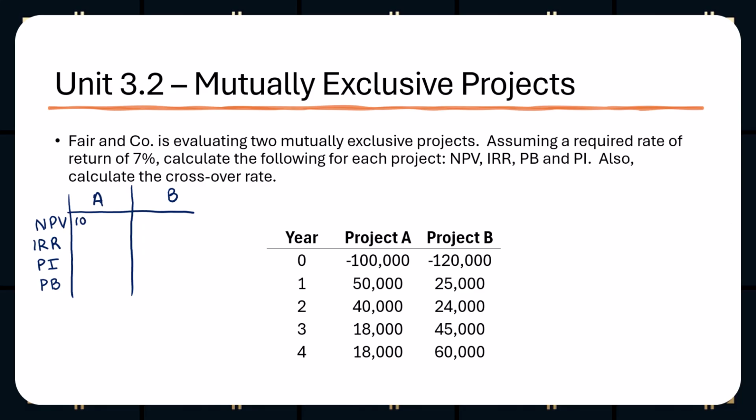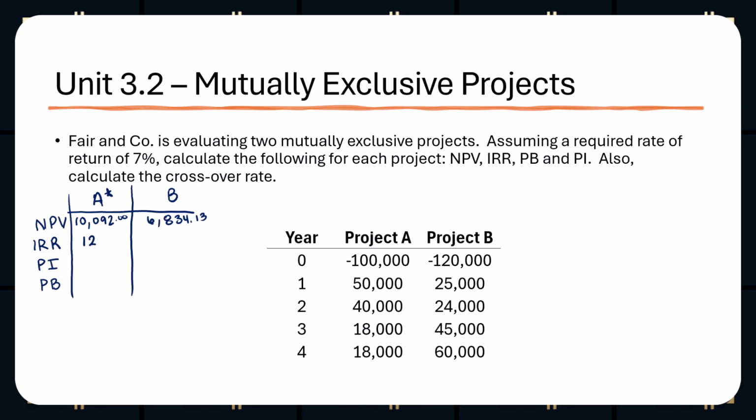All right, let's write all this information down that we've learned so far. Now, because these projects are mutually exclusive, we can only accept one. We cannot accept both. We could, in fact, reject both of these projects if they had negative NPVs. And just based on the NPV itself, we would definitely want to select Project A over Project B, regardless of what we get for the other metrics.